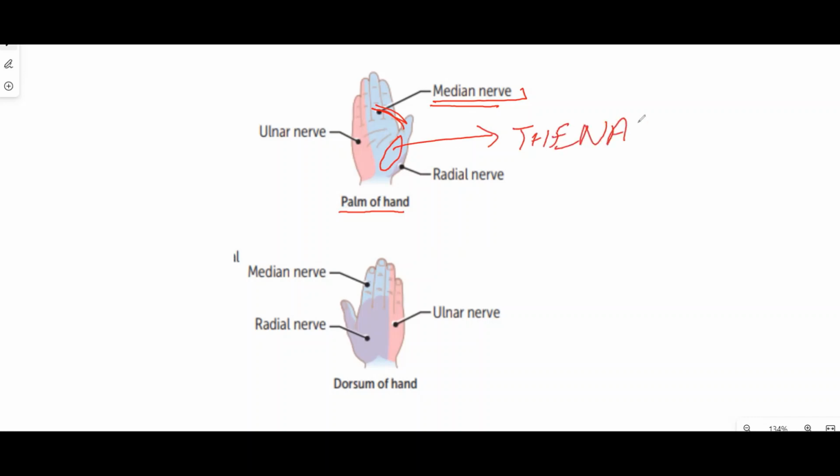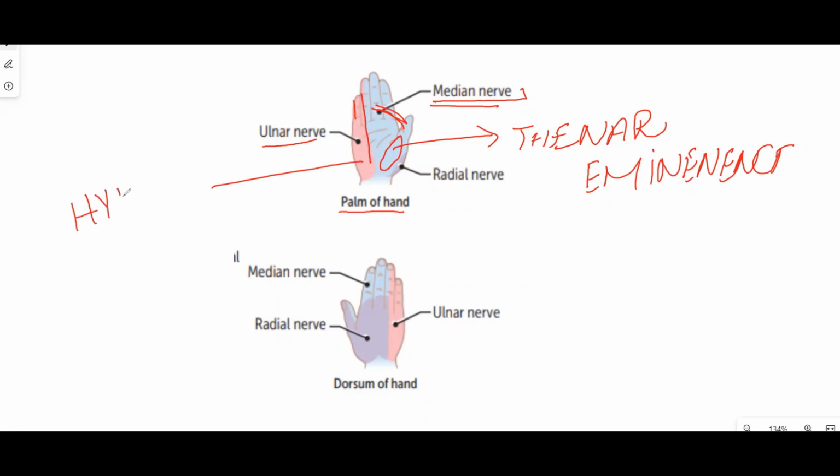If a lesion of the median nerve takes place, it will lead to atrophy of the thenar eminence and loss of sensation from this area. The ulnar nerve supplies the medial 1.5 fingers and this hypothenar area as well.